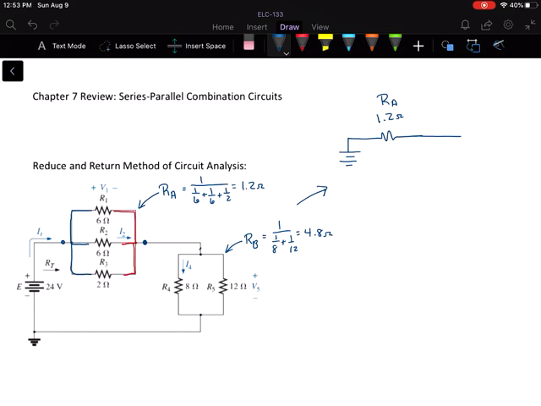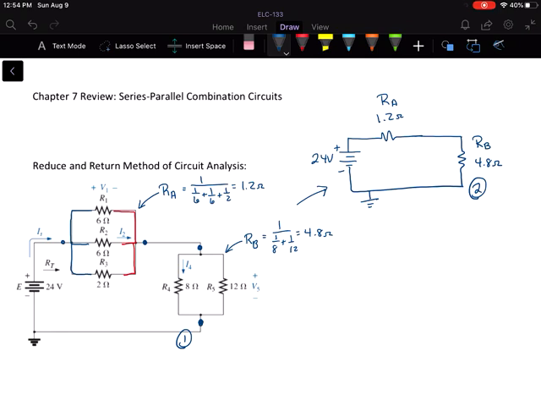And now I'm going to take off the 2 resistors here, R4 and R5, and I'm going to put RB right there. And that was 4.8 ohms. I didn't do anything to my source. Okay, so this would be step 2, or circuit 2.